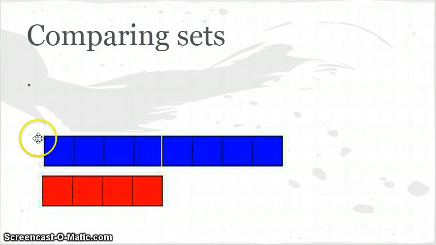You are going to compare both math trains to determine how many more blue cubes there are than red cubes. So I'm going to take you to our homework question, and then I will take you back to this screen, and perhaps you can have mom or dad pause this screen so that you may answer the question.